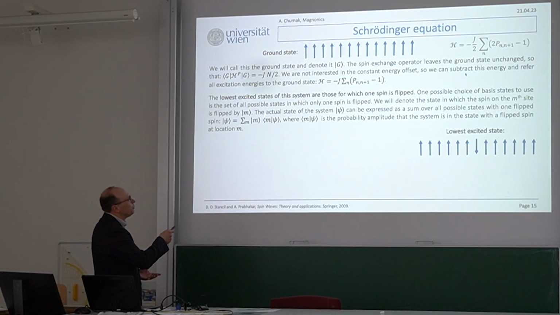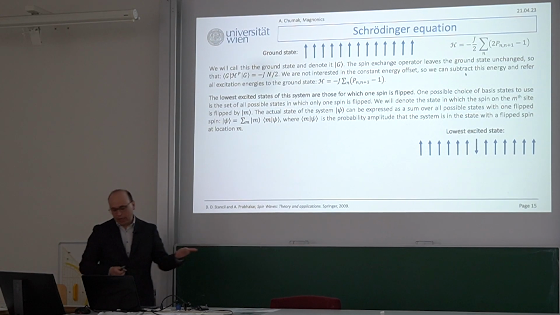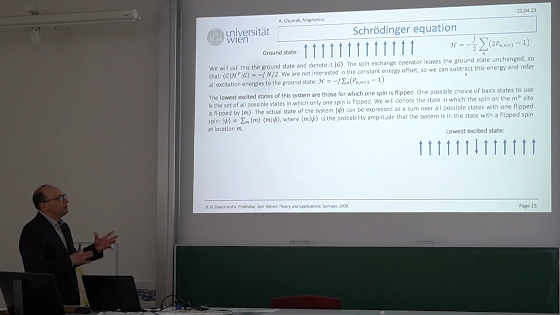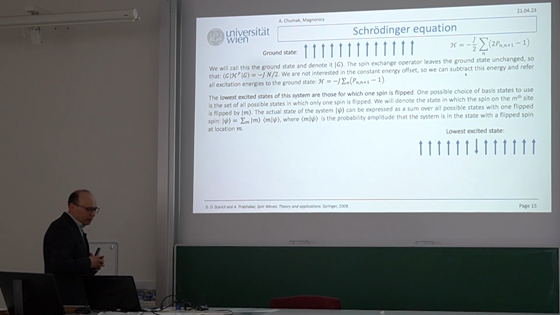So in principle it shows that in this state the spin at m is flipped. This formula can be shown if you reproduce it in terms of vectors. It's very general. You can write it like this.